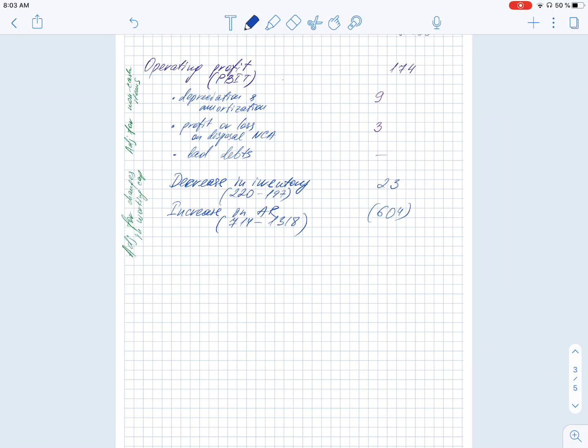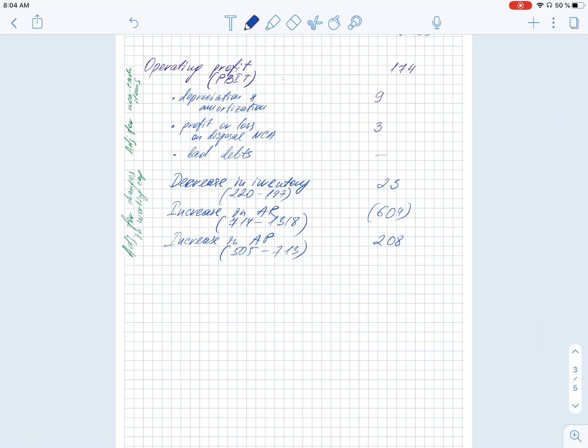Payables increased, also as accounts receivable did. So the increase in accounts payable in the amount of, I would calculate it, 505 less 713, in the amount of 208, should be added as a cash increase in the company, because an increase in accounts payable means that the company doesn't repay its liabilities, which leads to cash staying in the company.